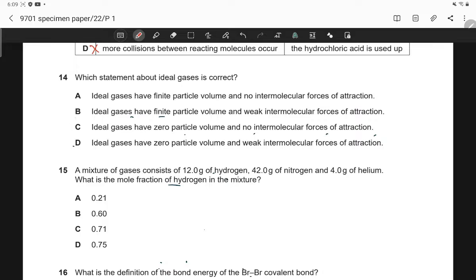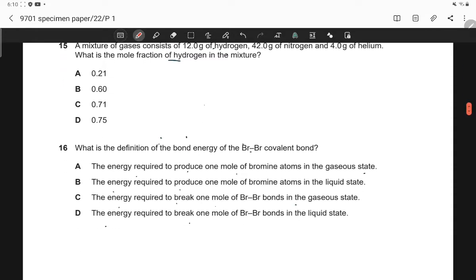So these two are correct, with no intermolecular forces, so they are insignificant. So for ideal gas, this option is correct, because ideal gases have zero particle volume and no intermolecular force of attraction.